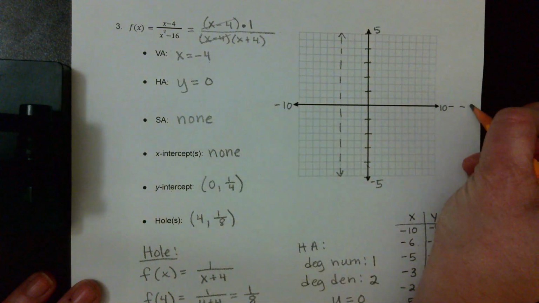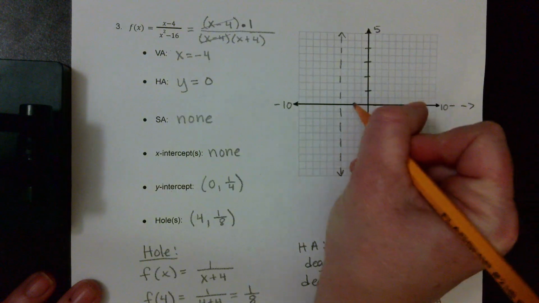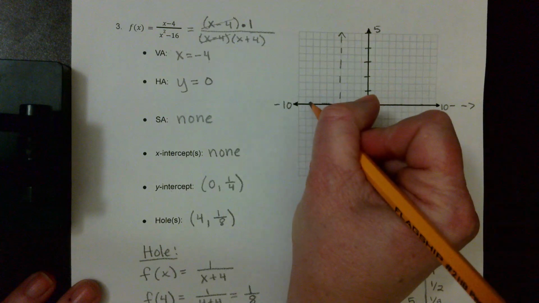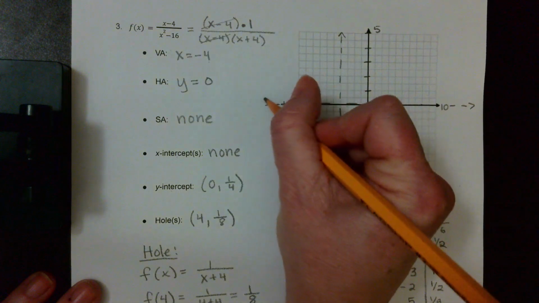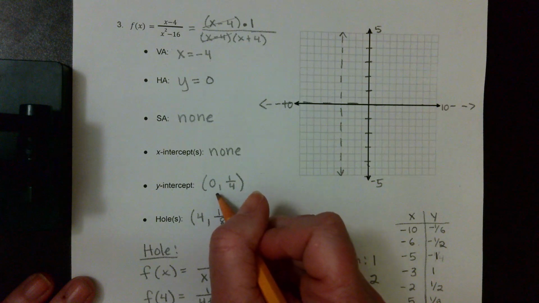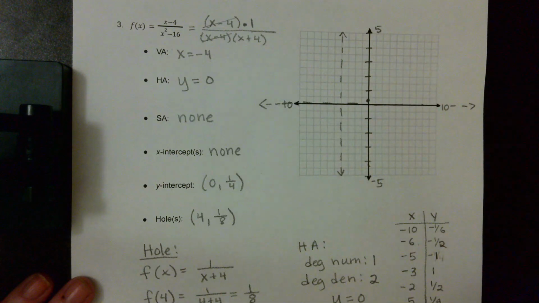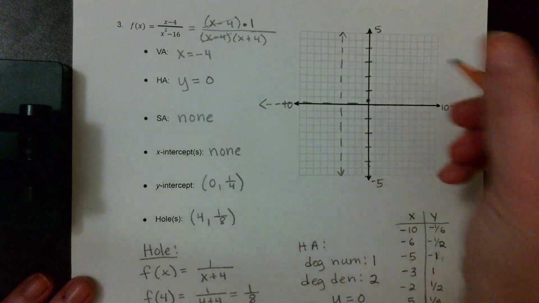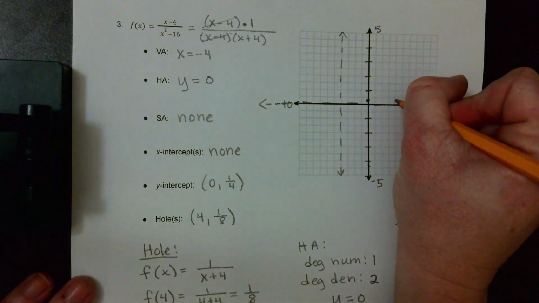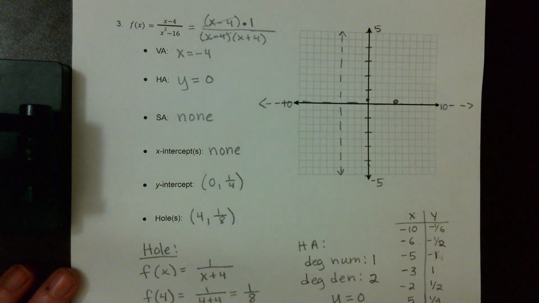It's really hard to see, so I usually try to extend it a little bit on either side so that I can see it. My y-intercept is at (0, 1/4), so that would be right about here. My hole is at (4, 1/8), so that's going to be really close to my y-axis.